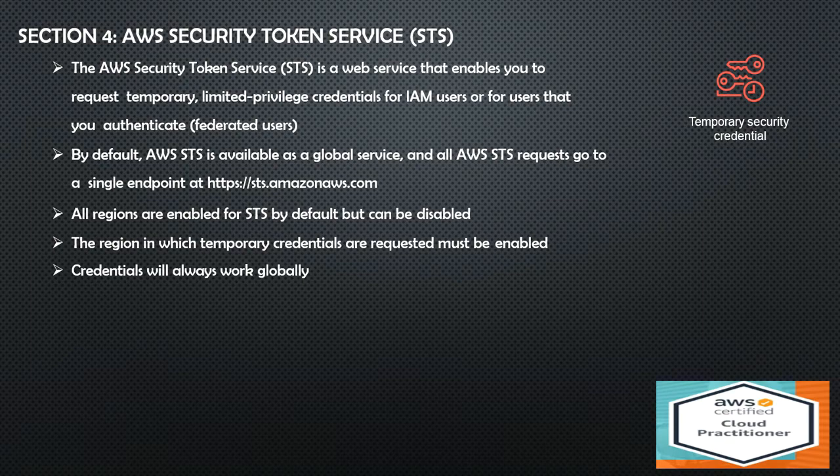By default, STS is available as a global service, and all AWS STS requests go to a single endpoint at this URL. All regions are enabled for STS by default but can be disabled. The region in which temporary credentials are requested must be enabled. So you need to enable that region for STS.